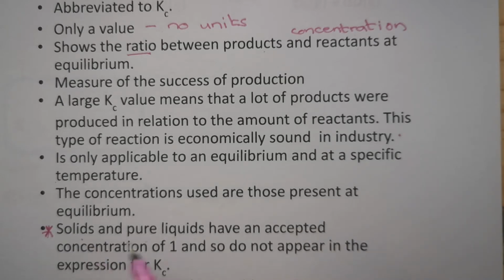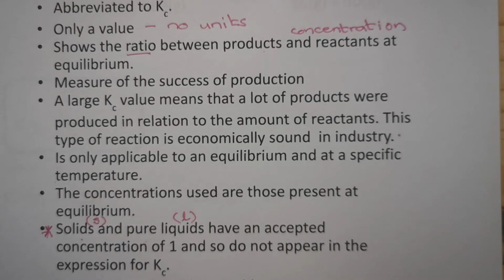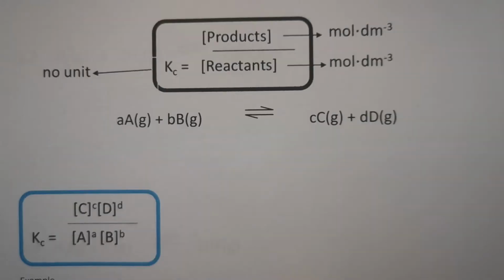When we talk about solids and liquids, in order to indicate a solid, we use an S in brackets, and in order to indicate a liquid, we use L in brackets. Instead of using a concentration value, we use the number 1 in order to put this into the Kc value.